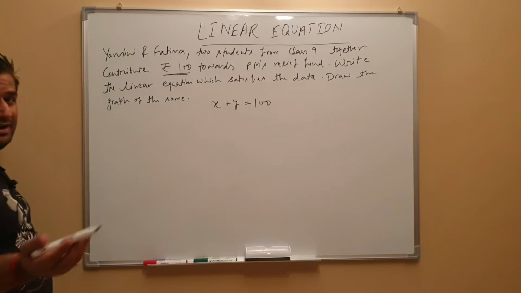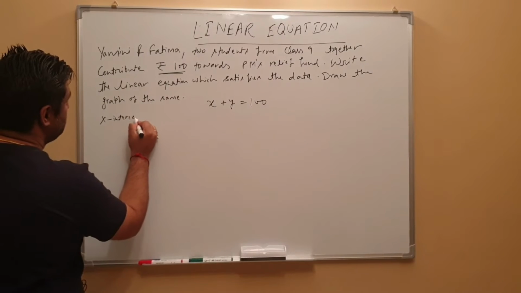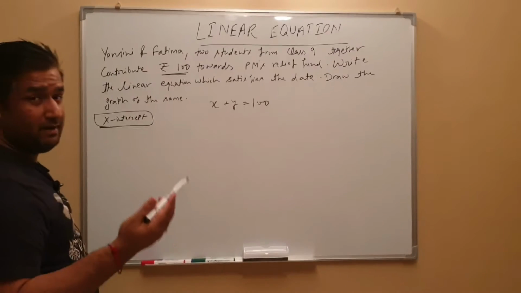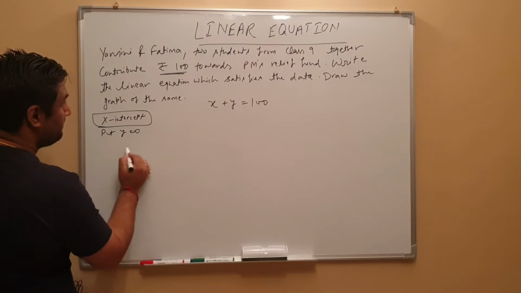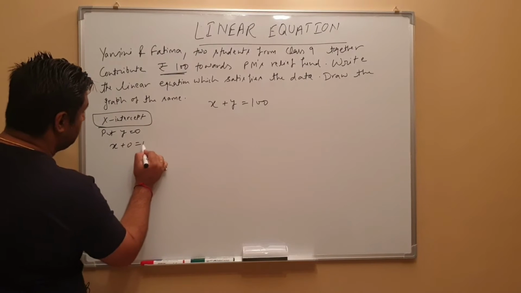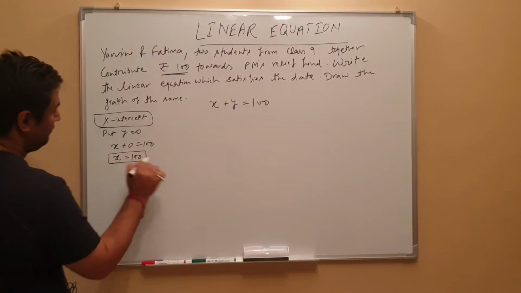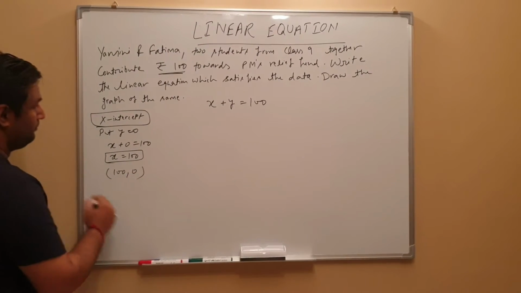So we'll just find quickly X and Y intercepts. X intercept is going to be obviously when Y is equals to 0. So we'll get X is equals to 100. So the coordinates what we'll get is 100 comma 0.